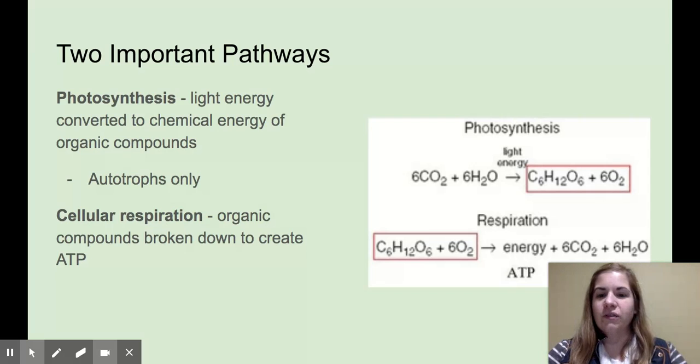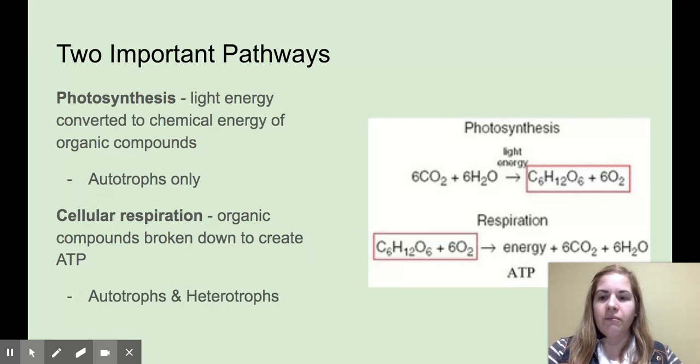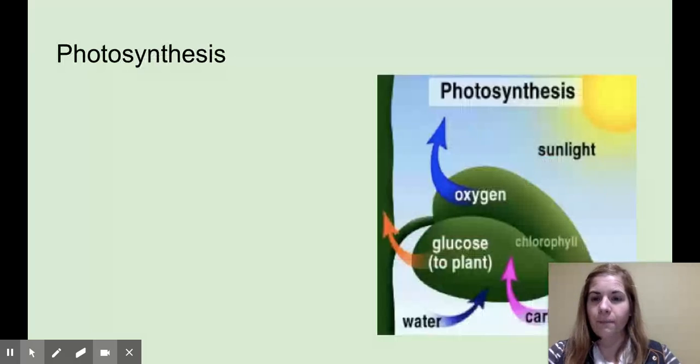And it's going to be creating something called ATP. That's adenosine triphosphate, but really we're going to be using the word ATP moving forward. Now, cellular respiration can take place in both autotrophs and heterotrophs. So it does take place in pretty much all cells overall.